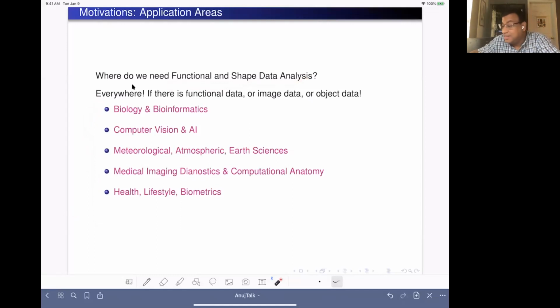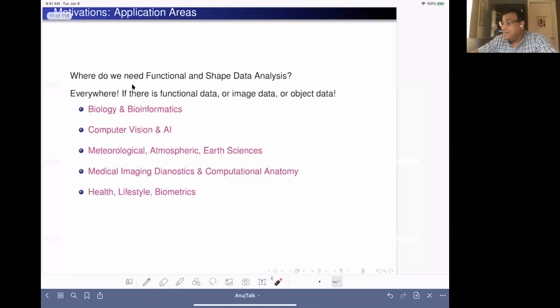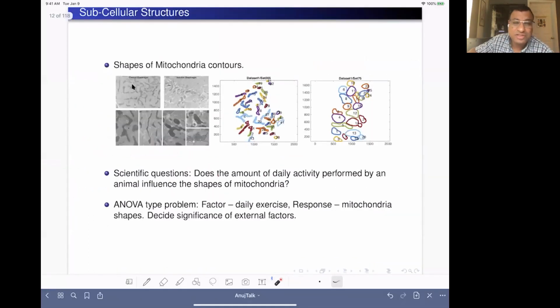In bioinformatics, biology, computer vision, earth sciences, hurricane tracking, atmospheric data, computational anatomy, diagnosis based on medical images, lifestyle data, and so on. So there are many examples. I will just flash a few examples to give you some concrete ideas, some pictures to keep in mind as we get into theory.